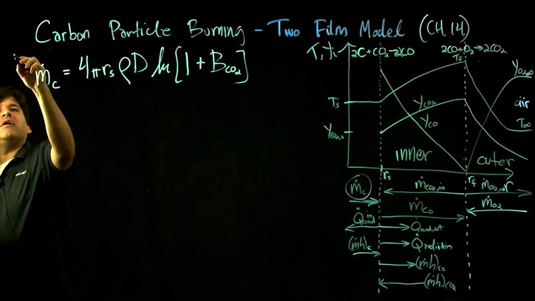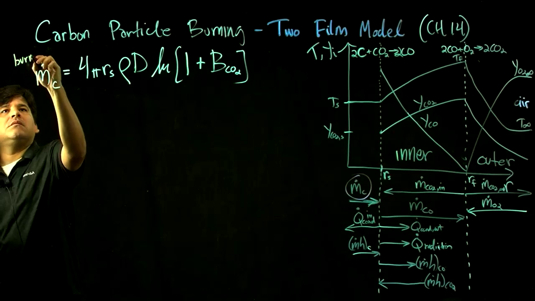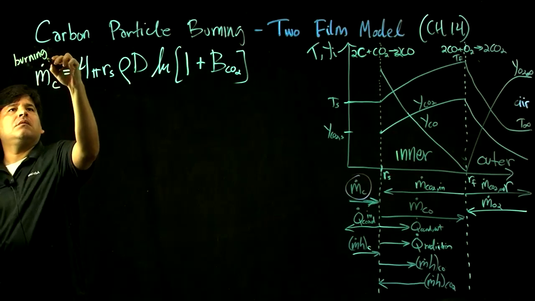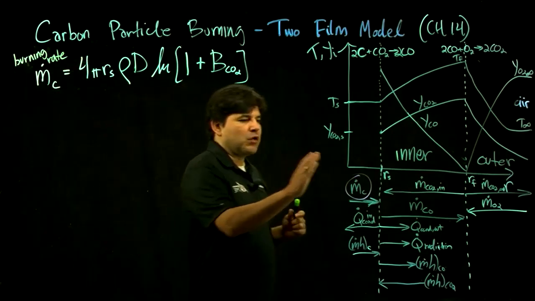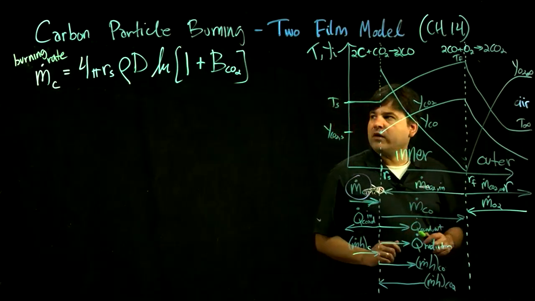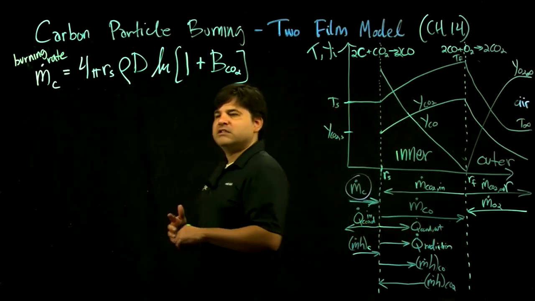So this is the burning rate. So it's a burning rate that has to balance off all these flow rates. That's how we were able to link all these together.